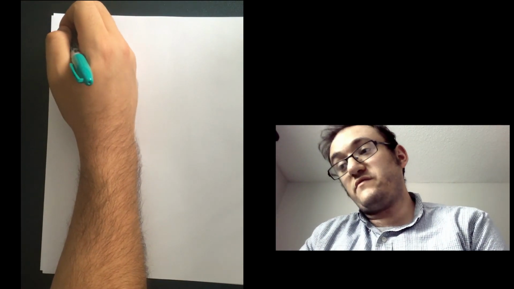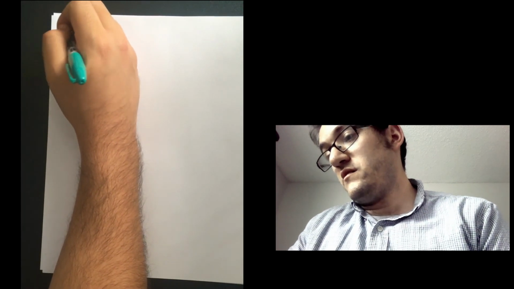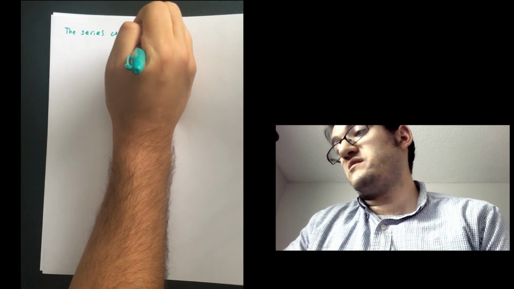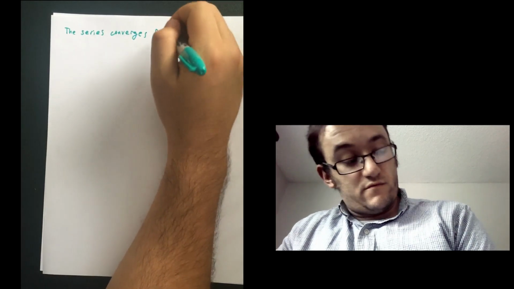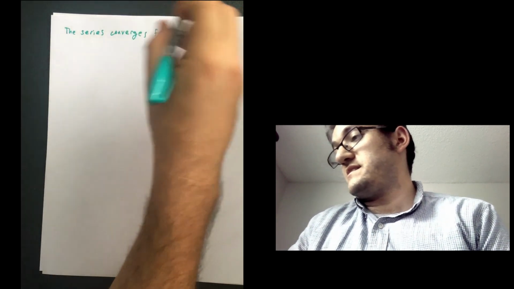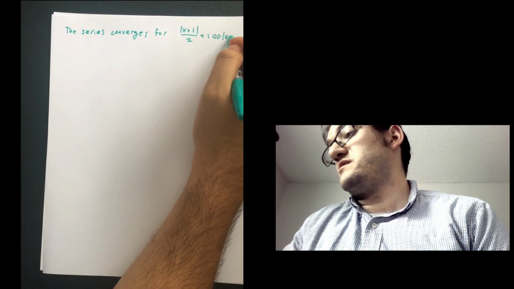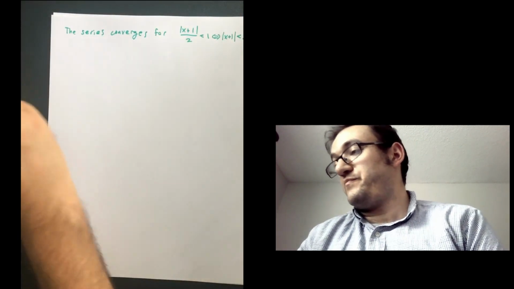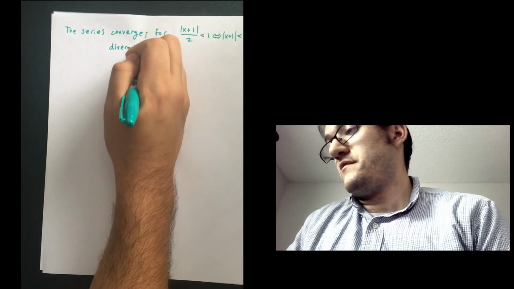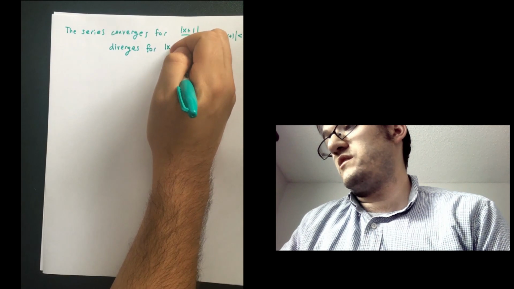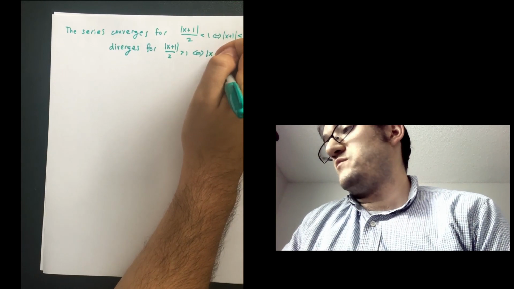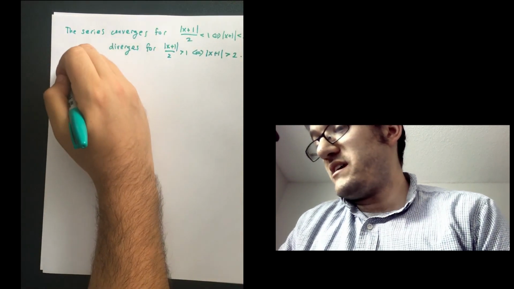So in order for this to converge, we say the series, by the ratio test, converges absolutely for the absolute value of x plus 1 over 2 less than 1, which is the same as saying the absolute value of x plus 1 should be less than 2. And the series diverges for the absolute value of x plus 1 over 2 greater than 1, which is the absolute value of x plus 1 greater than 2. So our radius of convergence is 2.